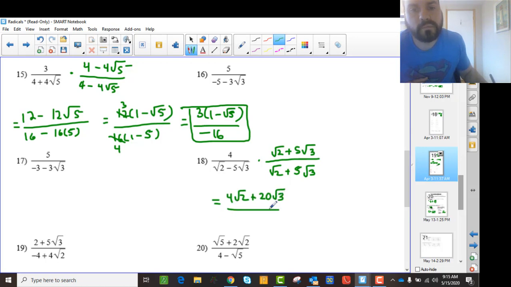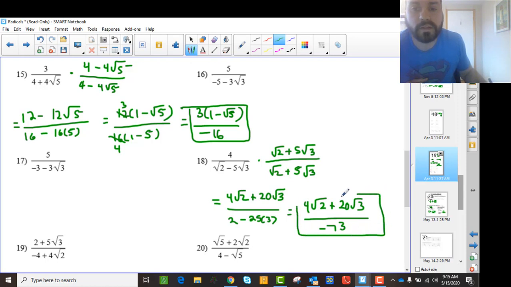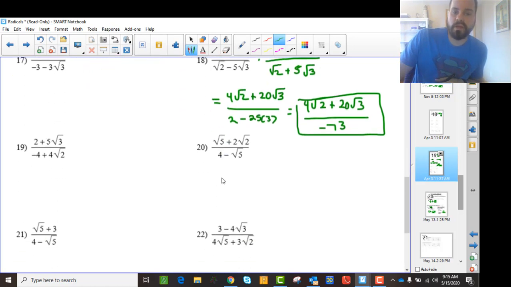On the bottom, you end up with 2, because you square that term, and then minus 25 times 3. Okay, so that gives me 4 root 2 plus 20 root 3, and then divided by 2 minus 75. So that gives me minus 73. And that's my answer.